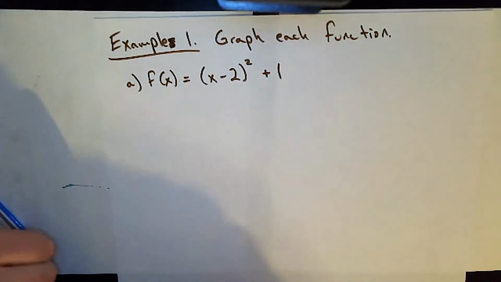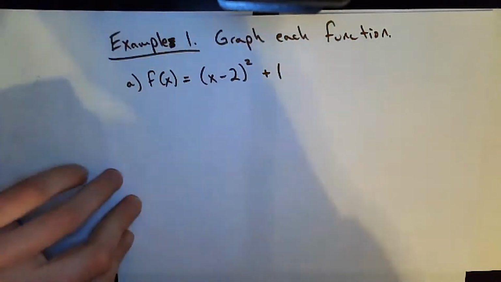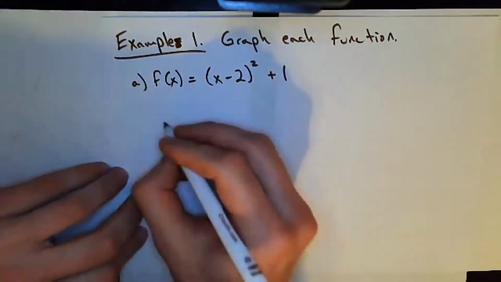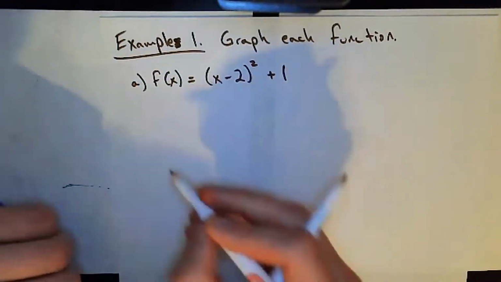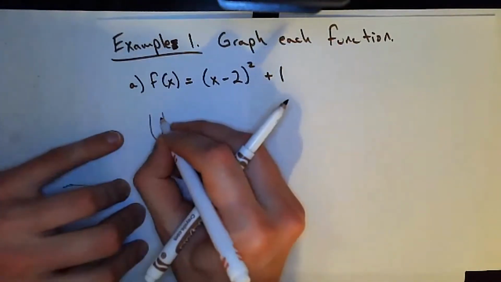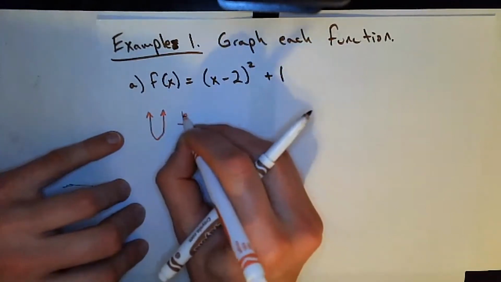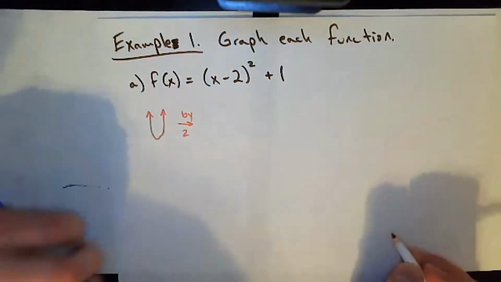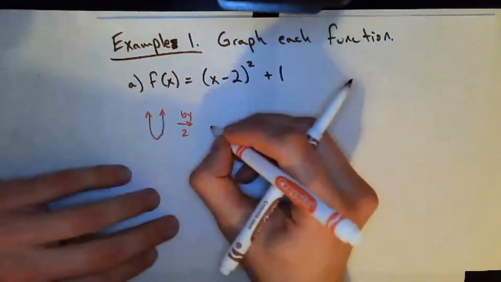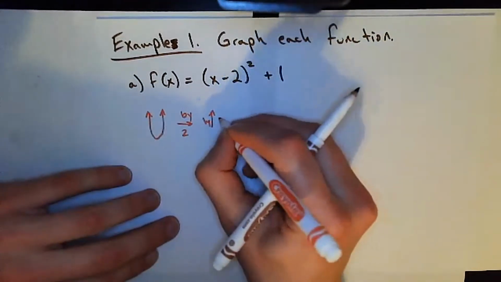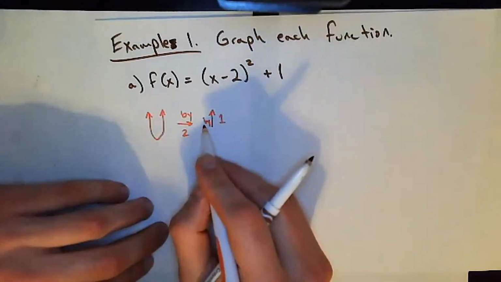So I'm thinking that maybe it's helpful to draw a little tiny sketch, not on a graph, so there's not a big commitment here. I'm thinking that we should have a parabola scooted right by 2 because of the minus 2 in there, and up by 1.